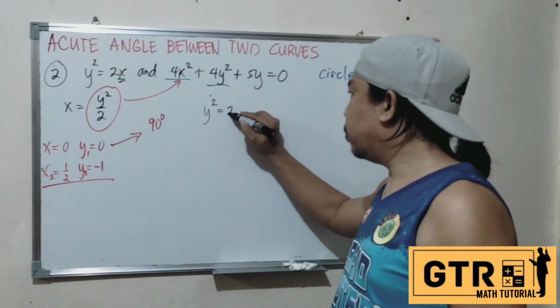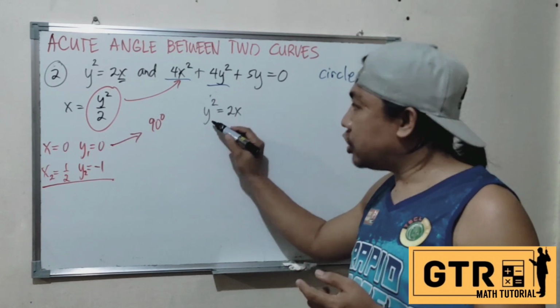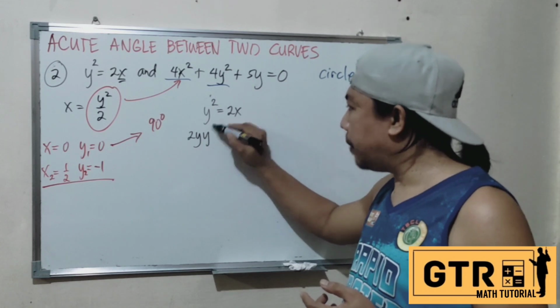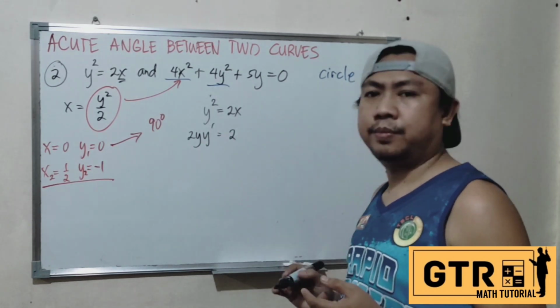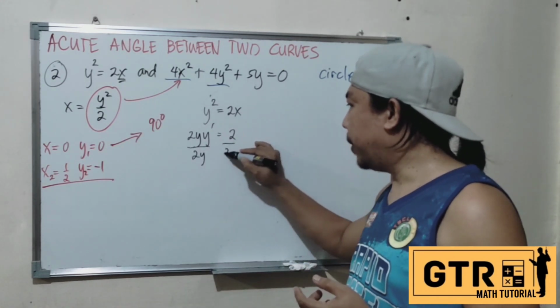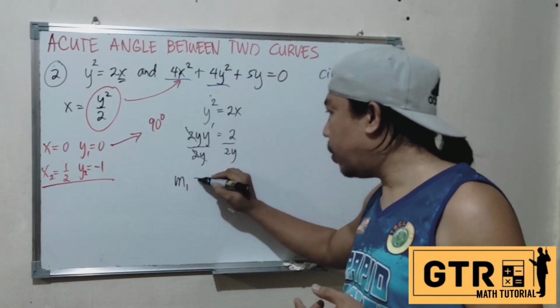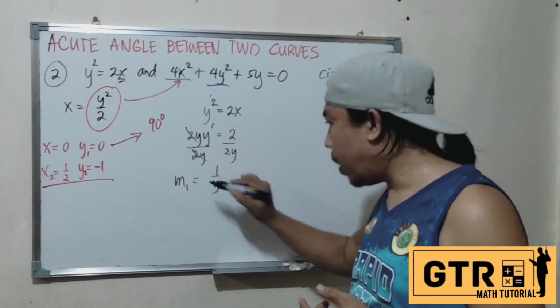Y squared equals 2x. Get the derivative, let's use implicit differentiation. So y squared, derivative of that is 2y, followed by y prime, equals derivative of 2x, which is 2. Divide both sides by 2y. So therefore, we have y prime, or that is the slope, m sub 1, equal to 1 over y.